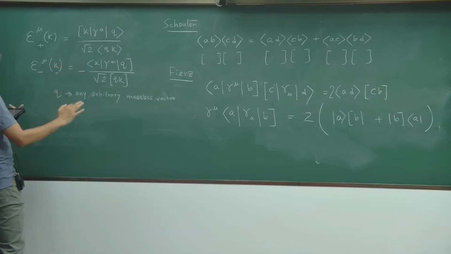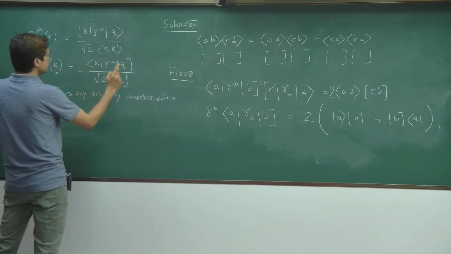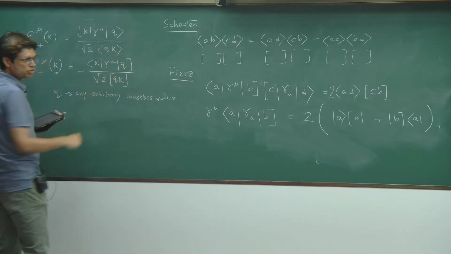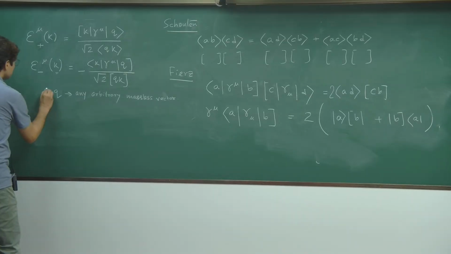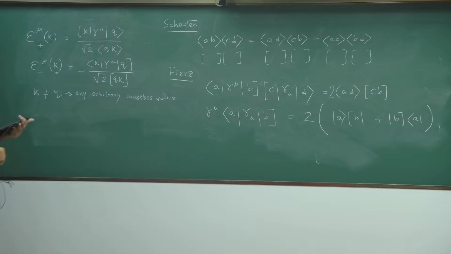Whatever you calculate, the result should be independent of this q, the choice of q. That should not be k. Yeah, right. Sorry. Good. This should not be k.